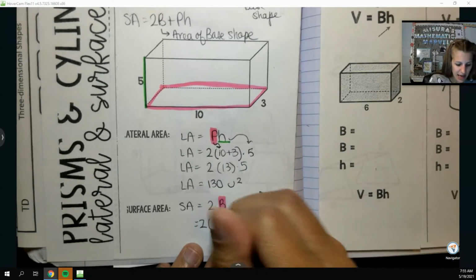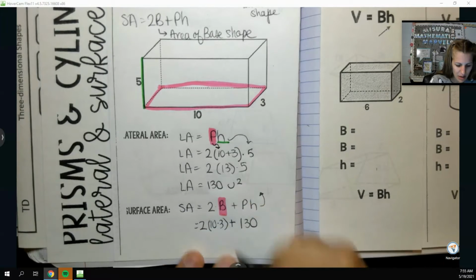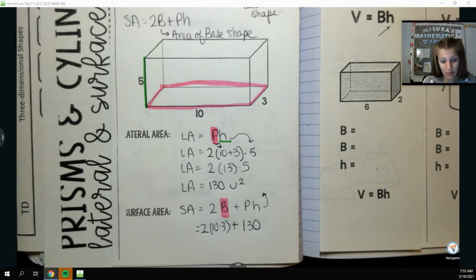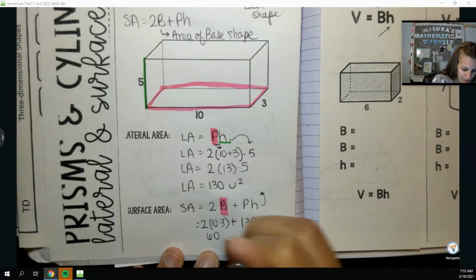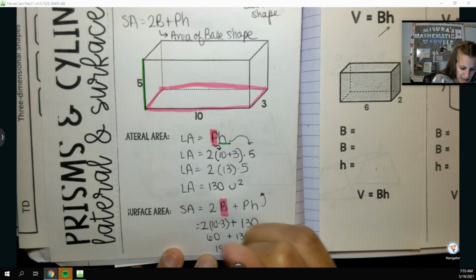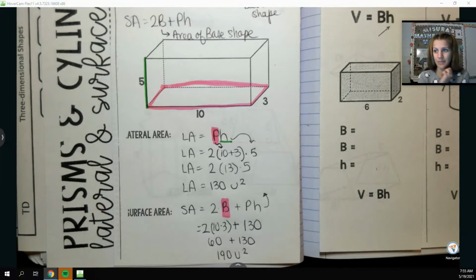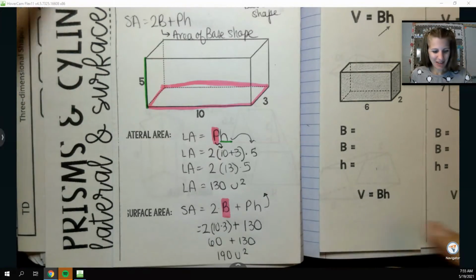We find the area of that by doing base times height, so 10 times 3. And then we just want to follow order of operations, so I'd have 30 times 2, so 60, plus 130 for 190 units squared. So it's just a lot more area. Let's try a few more.